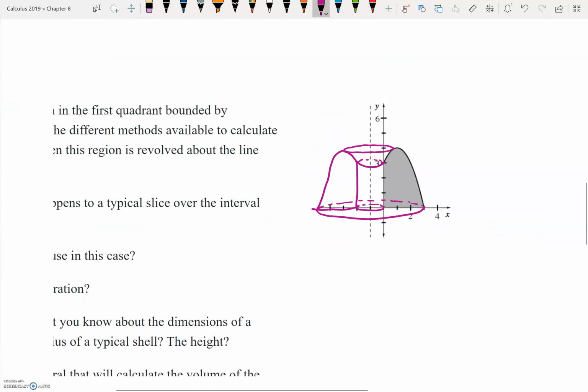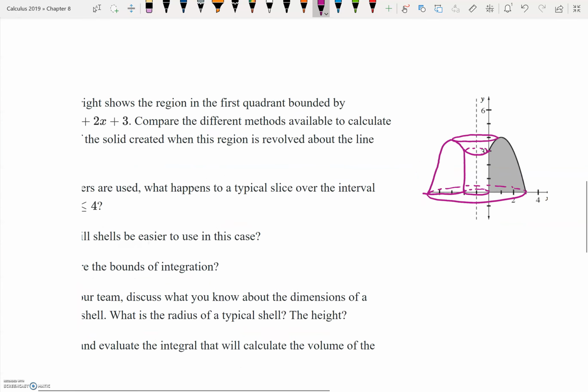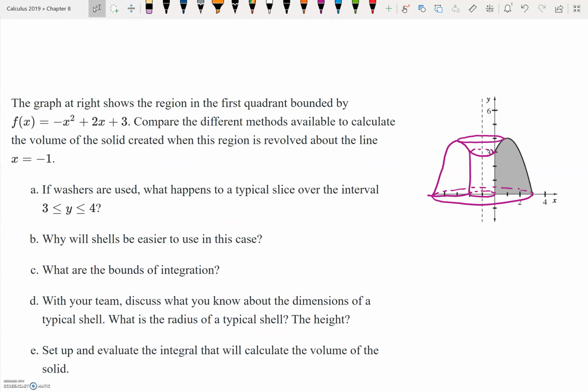So this one kind of looks like the other one that we had, except it's got this cylinder in the center, and then it's getting wider at the top.